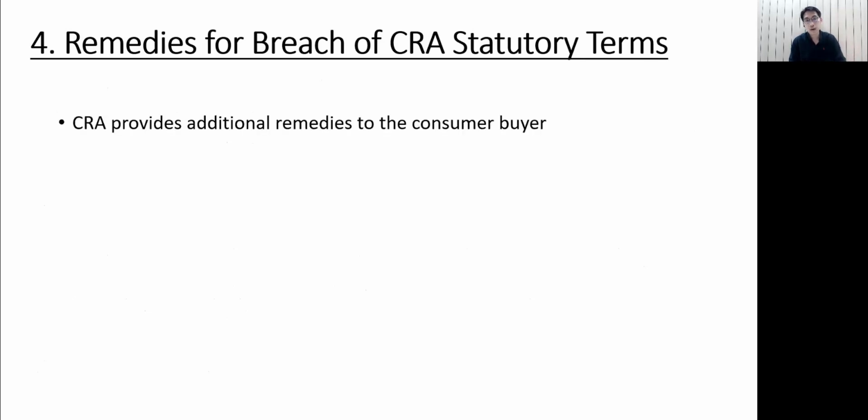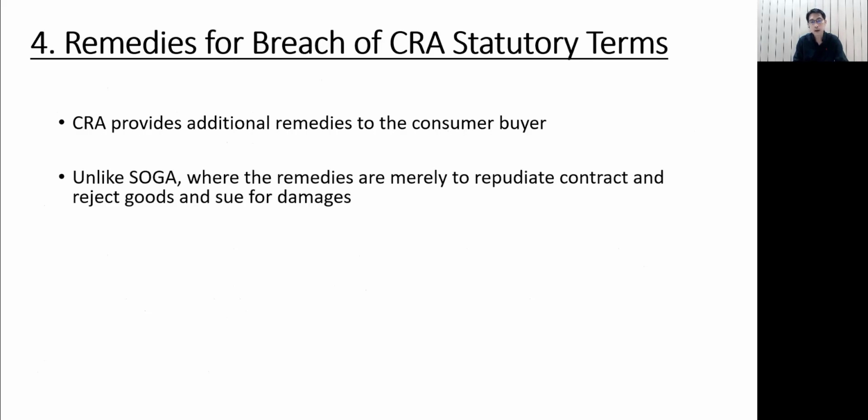As I mentioned just now, at the beginning, the remedies for the buyer are different from compared to in SOGA. Unlike SOGA, the remedies are only to repudiate the contract and sue for damages. Under the CRA, there are more remedies, what we call the 5 R's in section 19, sub 1 of the CRA. What are the 5 R's?